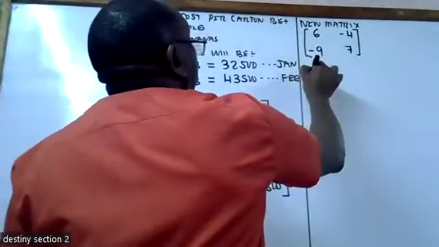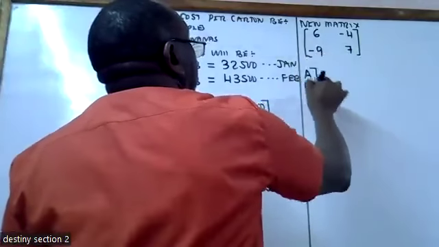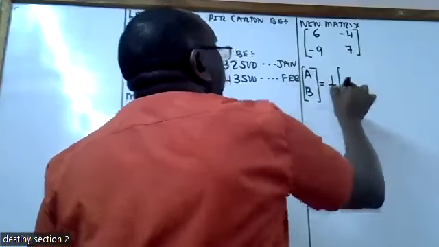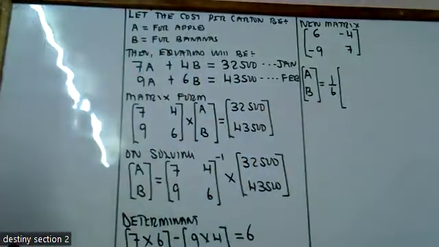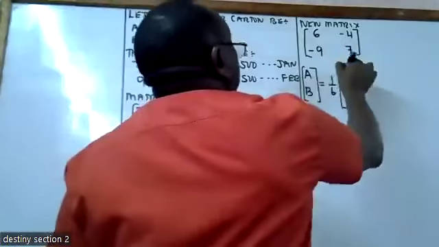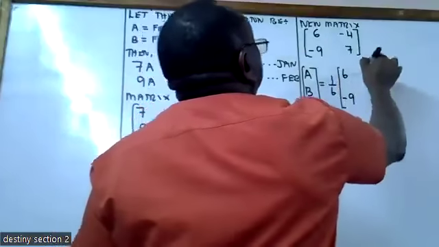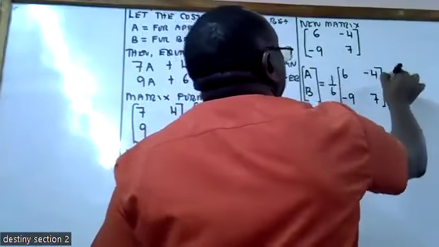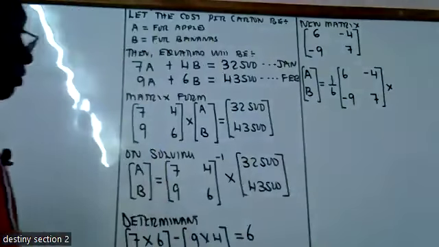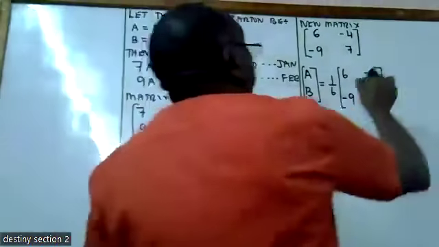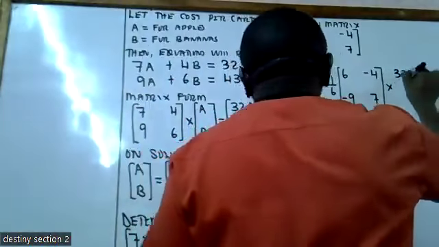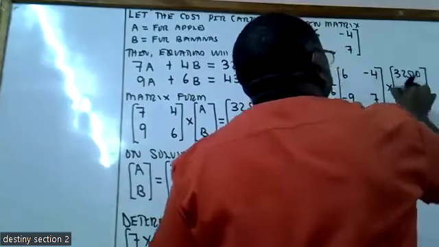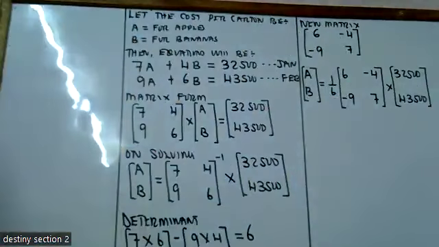So proceeding on, you take your AB equals 1 over 6, the determinant, times the new matrix: 6, minus 9, minus 4, and 7, multiplied by 2,500 and 43,500.